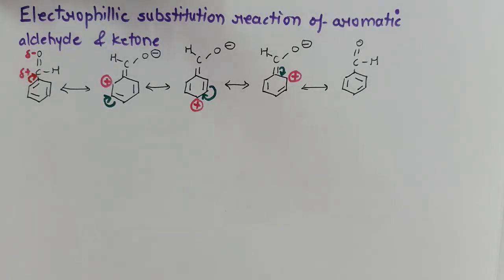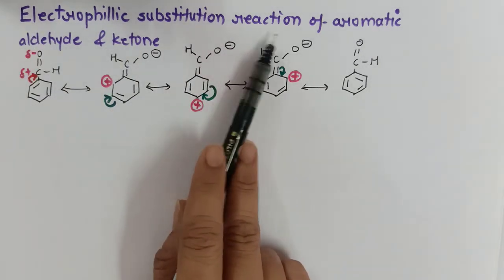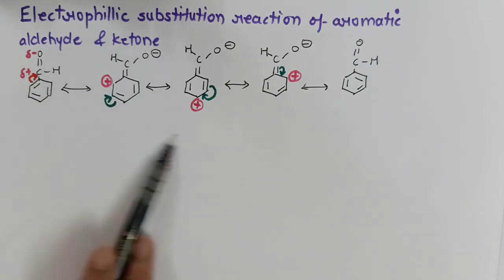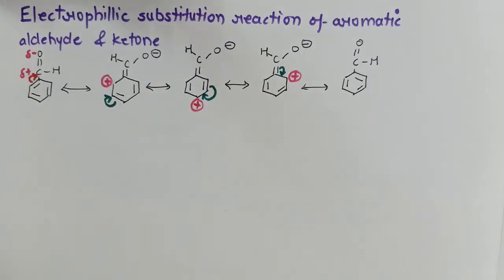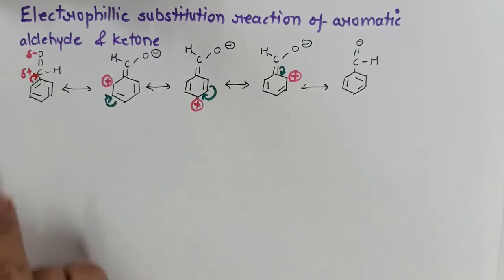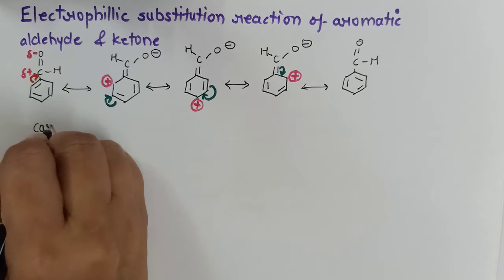So the last part of chemical properties of carbonyl compounds, especially aldehyde and ketone, is electrophilic substitution reaction of aromatic aldehyde and ketone. Now as we can see in this resonating structure, the carbonyl group or I'll say CHO group is electron withdrawing.